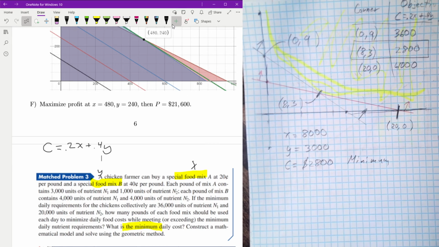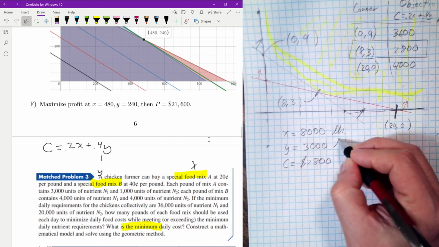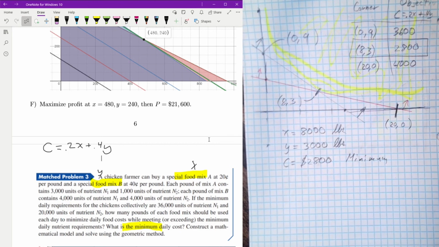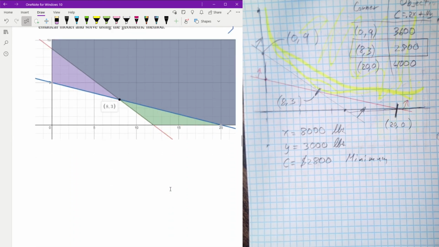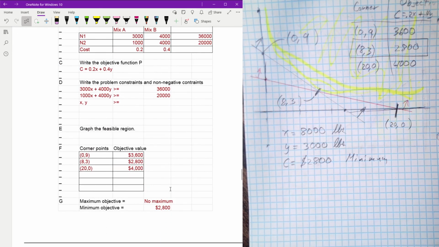Okay. And this would be pounds and pounds to meet our minimum daily requirements. And just to verify, there we go. There is, however, no maximum function. Okay. And there we go. We're wrapping this up. That's the end of lecture 8.